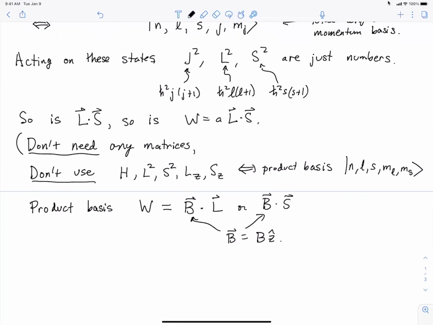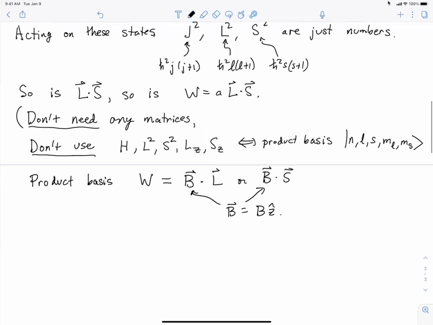Then the operators that turn into numbers acting on the product basis are the Z components of L and S, because they are the eigenstates. And so the product basis is not useless, it's just useful for a different kind of problem. It's useful when you have a special direction, which you then call the Z hat direction.